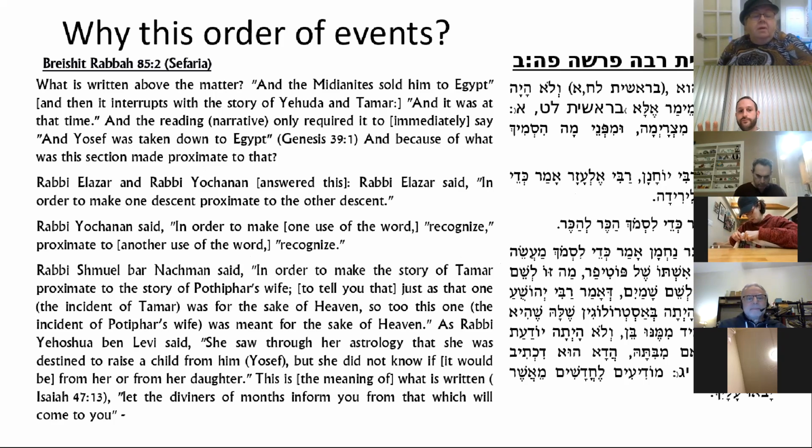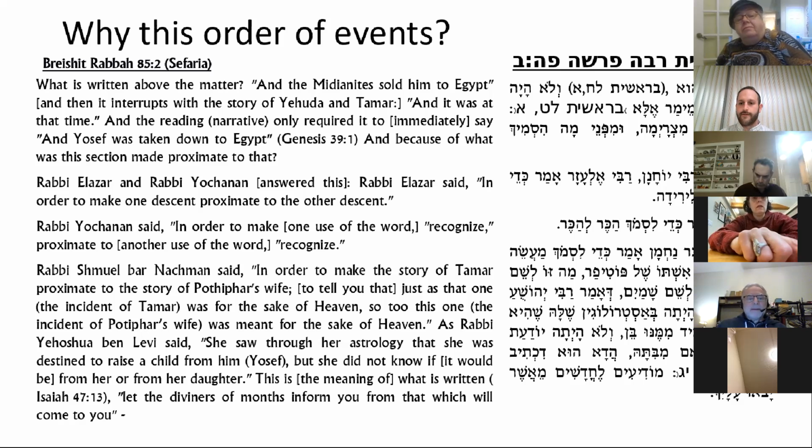That's the goal. That's Rabbi Elazar's opinion. So which story are we comparing? It's Yehuda versus Yosef. But there's another option, and that's what Rabbi Yochanan says, when he says hakker lehaker, recognize. So what's the other option we could have?